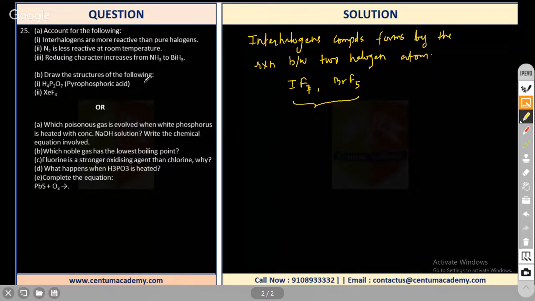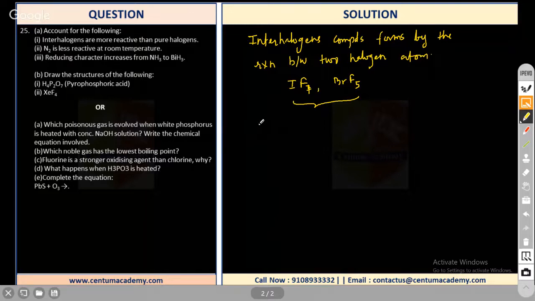So bond strength decreases, meaning stability decreases, right? Correct. So basically, if the stability is more, its reducing nature is less, right?